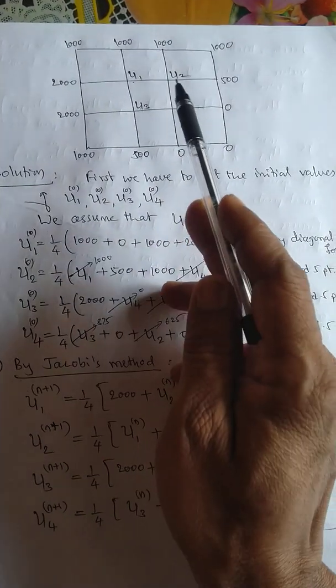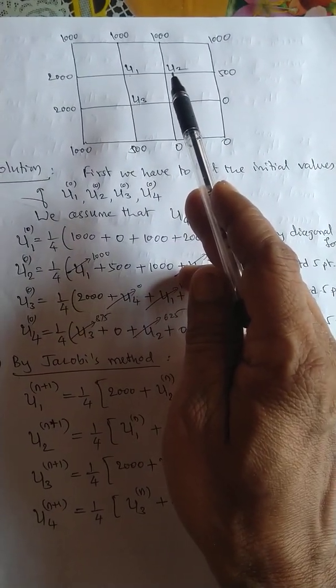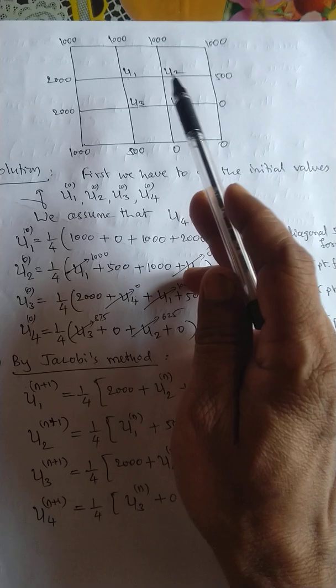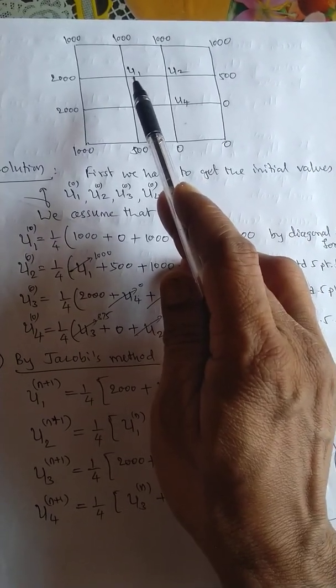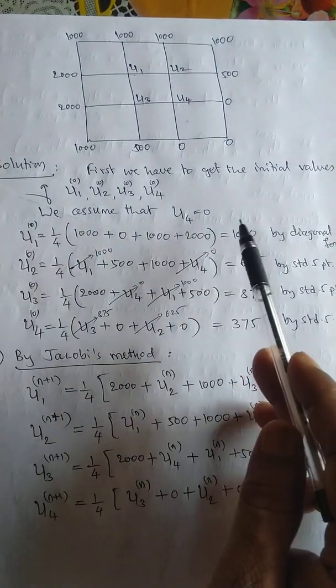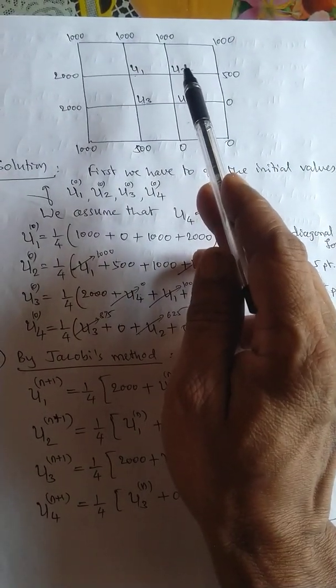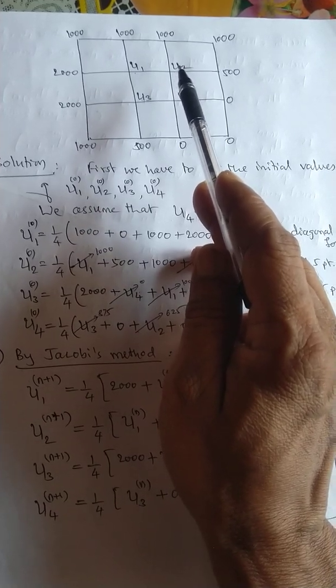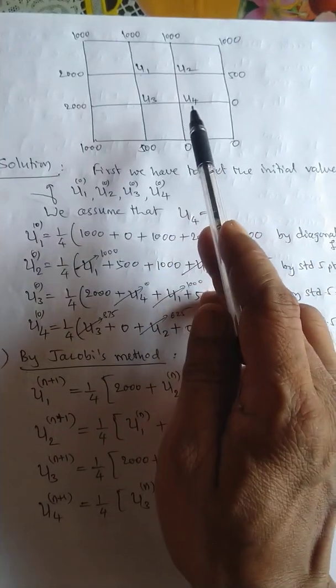Next, U2 naught, the initial approximation. Now we know U1, which is 1000. So knowing U1, here we can use the standard 5-point formula. U2 naught is equal to 1 by 4 of U1 plus 500 plus 1000 plus U4.